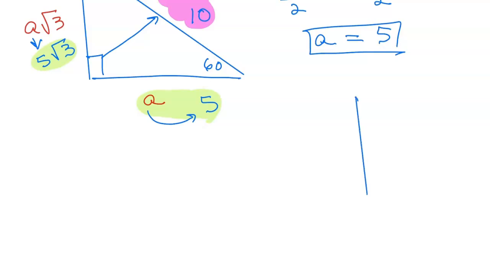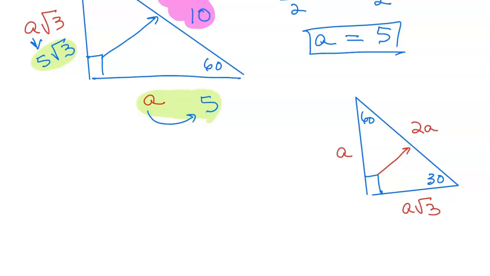So here, I'm going to make this 30 this time and this 60. Label your triangle. Across from the 30 is the A. Across from the 60 is the A root 3. And across from the hypotenuse is the 2A.